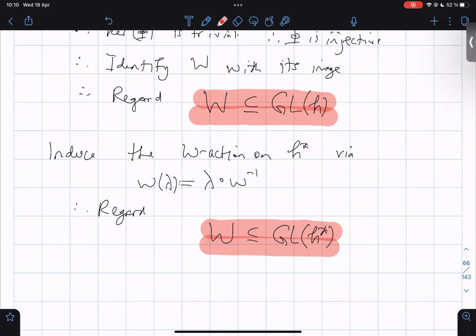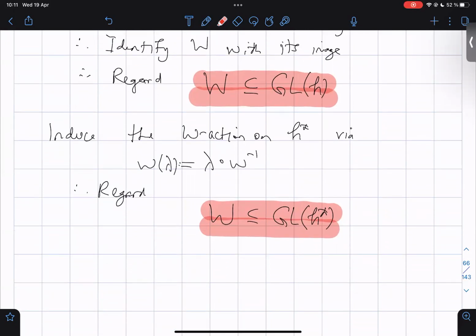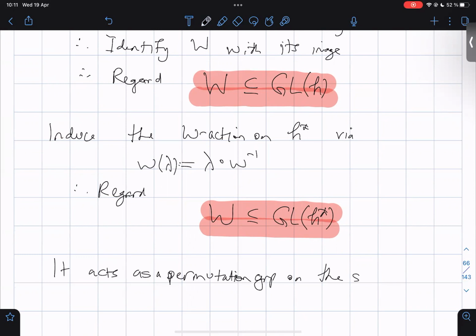And the Weyl group is associated with this choice of H. I'm going to prove one more proposition, and then we'll take a break afterwards. The utility of this is it's going to act as a permutation group, a symmetry group on the set of weights. So in all those diagrams, there is a group acting on the set of all weights.